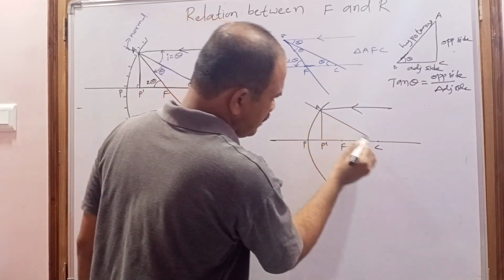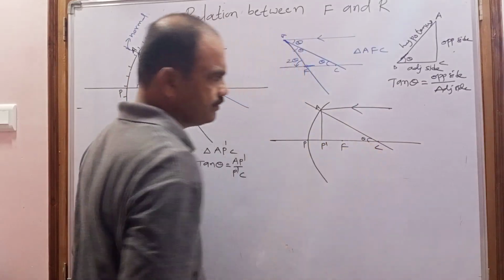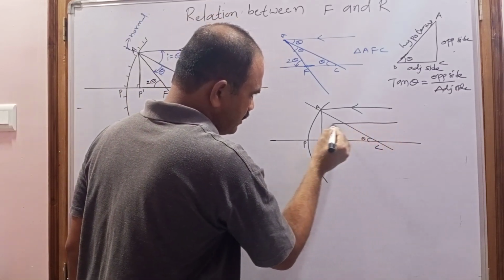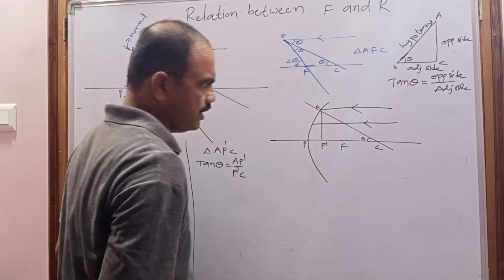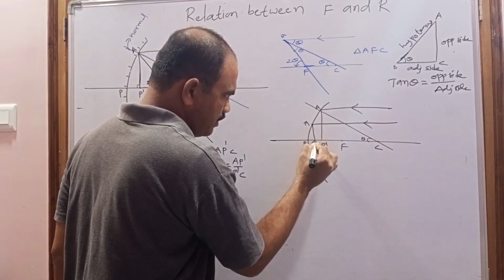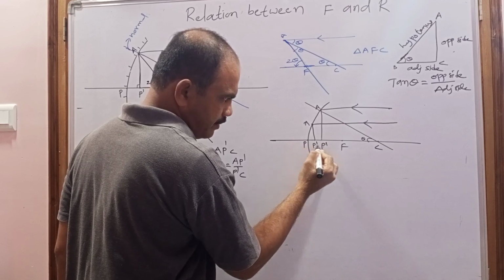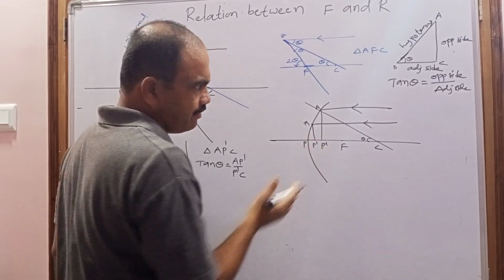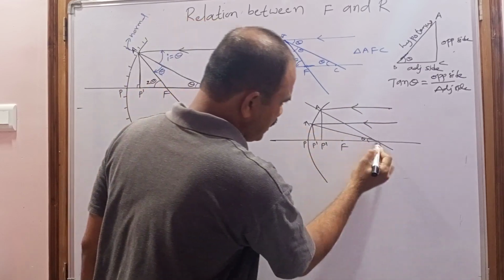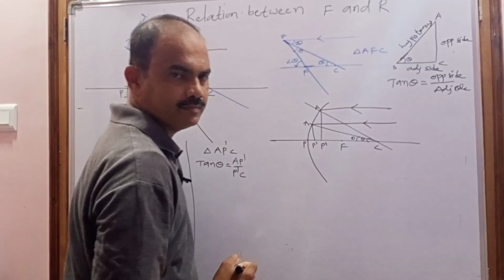This is the normal, this is the theta. When I bring this incident ray here, the point of incidence comes here, and this P' moves from this place to this place. And when this incident ray approaches the principal axis, this angle also decreases.